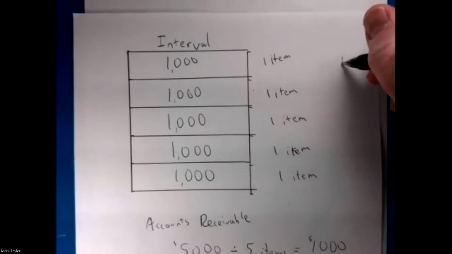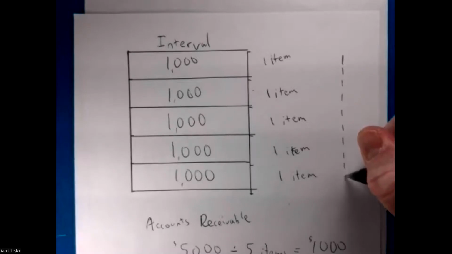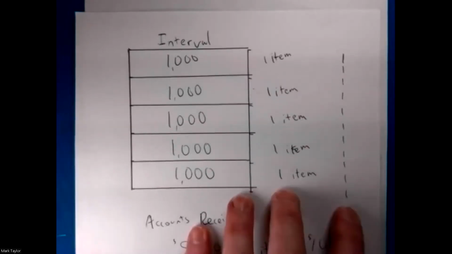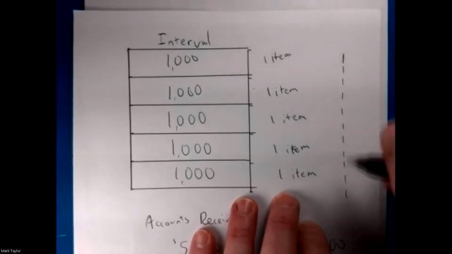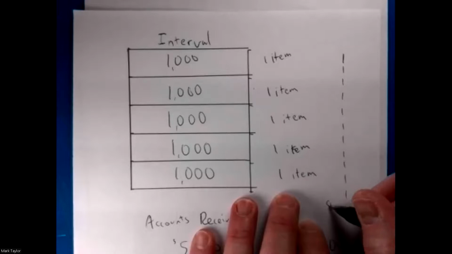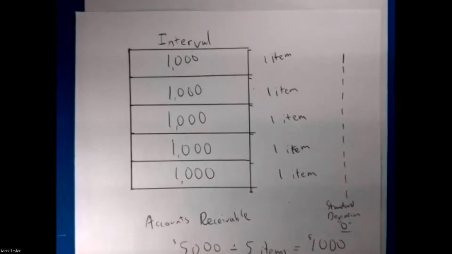If these are all just $1, what's the standard deviation or the variance? Basically 0, because they're all just ones.